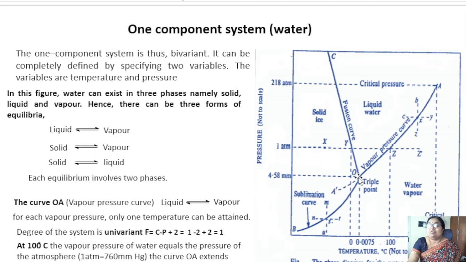This curve is where the system is in metastable equilibrium. This metastable equilibrium along OA dash is situated above the sublimation curve OB.